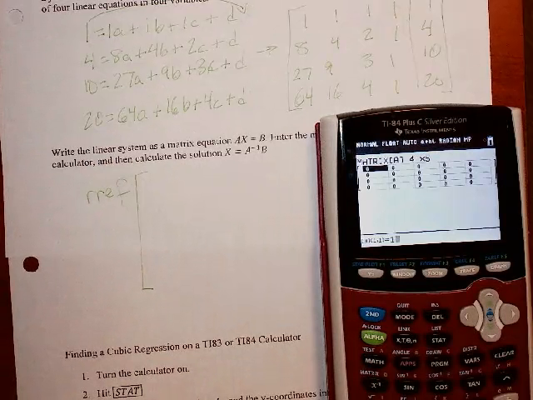Second row is 8, 4, 2, 1, 4. Third row is 27, 9, 3, 1, 10. And last row is 64, 16, 4, 1, and 20. So once we have those all typed in, we hit second quit.